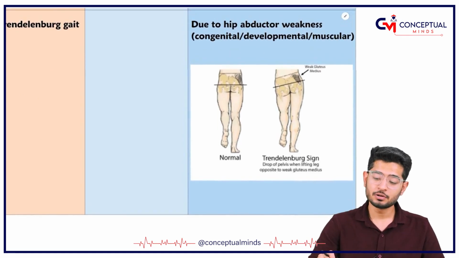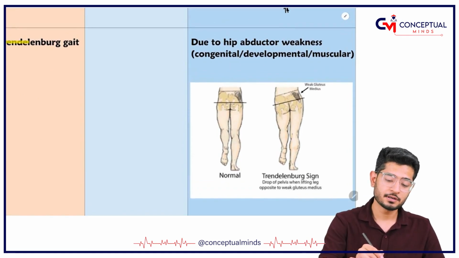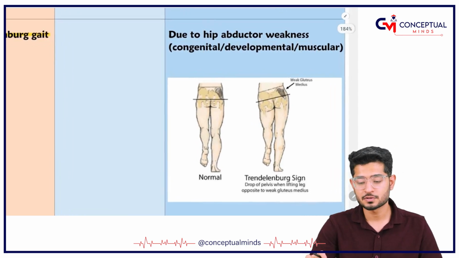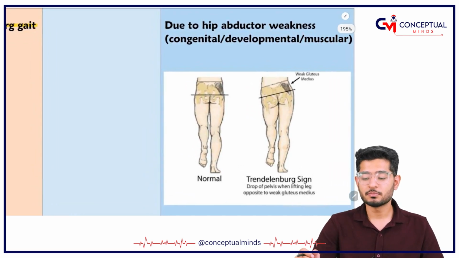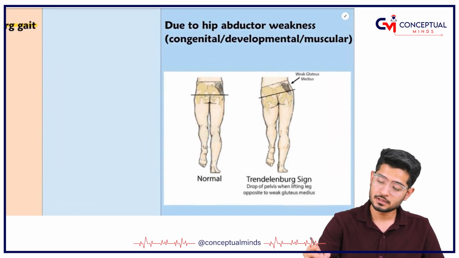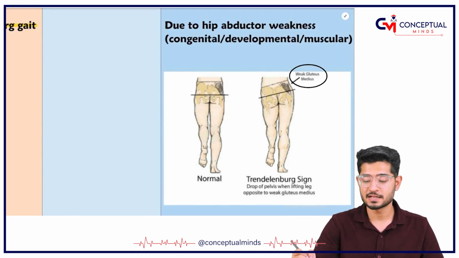Coming on to the Trendelenburg gait, this is important and has been asked as a previous year question also. What do you mean by Trendelenburg gait? Please understand, can you see that this side of the gluteus muscles is weak?